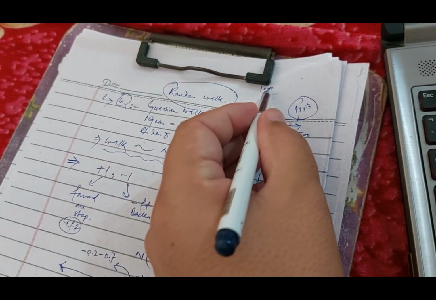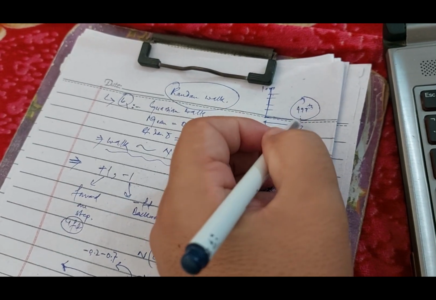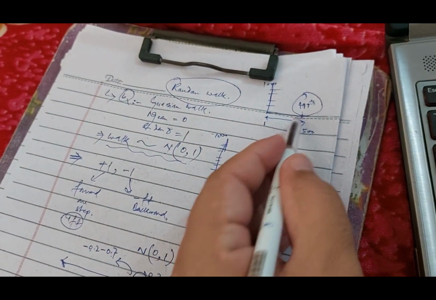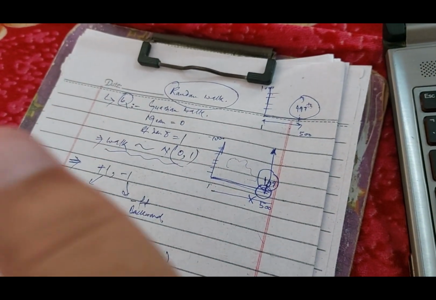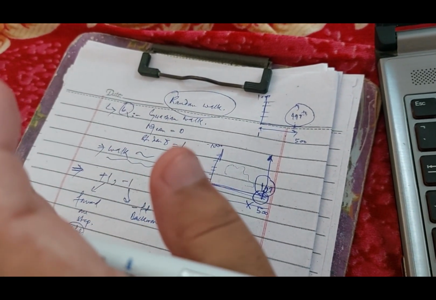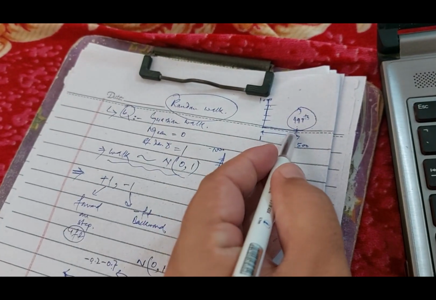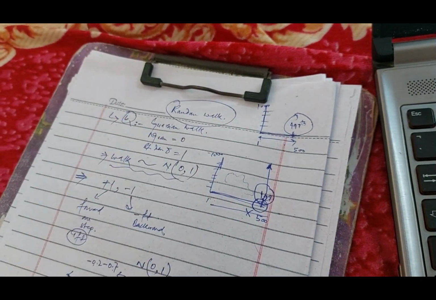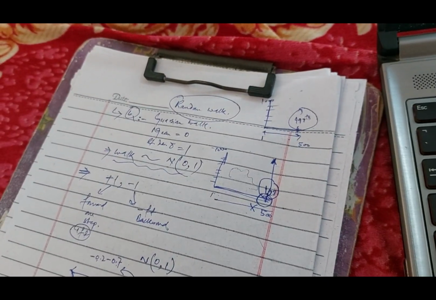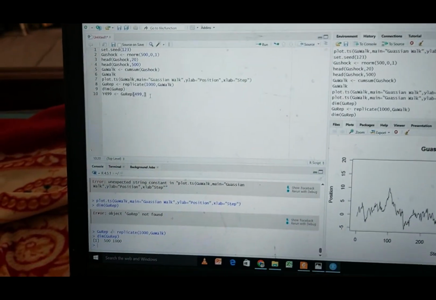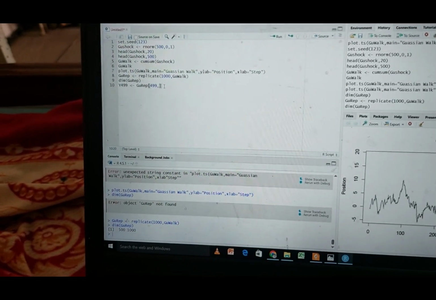If you want the 499th value for each one, we will have 1000 total values. The length of these values will be 1000 because we have 1000 replications, and in each replication we need the 499th value, or 499th step value. So this will give me the value.